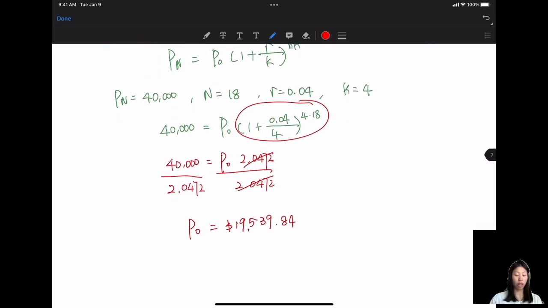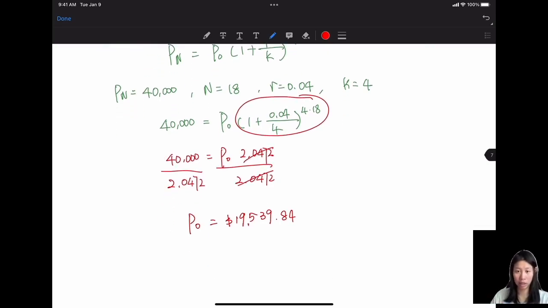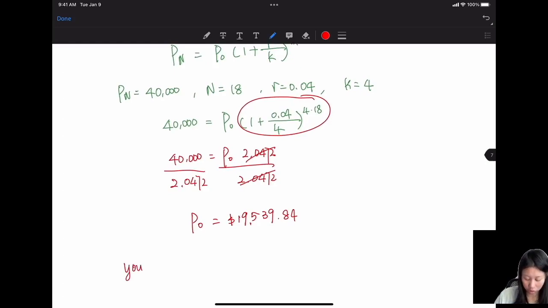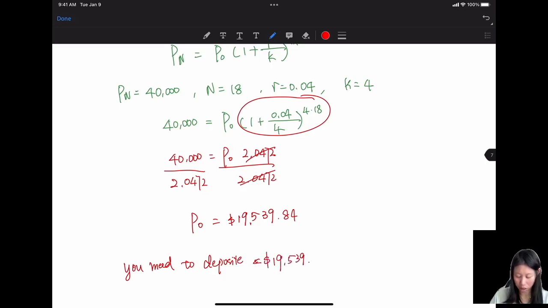So that means in order to get 14,000 after 18 years, you need to deposit $19,539 and 84 cents now to have 14,000 in 18 years.